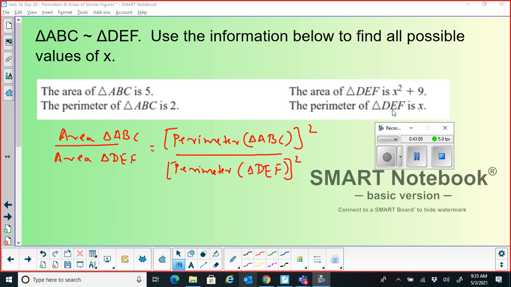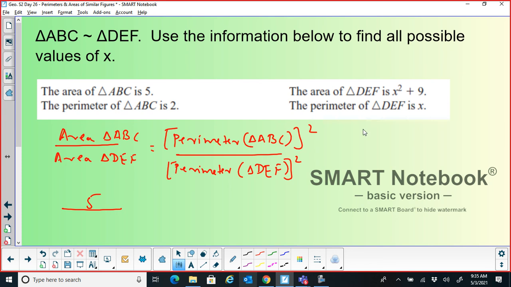Let's go ahead. I have triangle ABC, area is 5. Triangle DEF, the area is x squared plus 9. The perimeter of triangle ABC is 2 squared and the perimeter of triangle DEF is x squared. We have this particular relation from the previous things that we have learned, and we can cross multiply and simplify. Cross multiplying, 5 times x squared equals 2 squared, which is 4, times x squared plus 9.